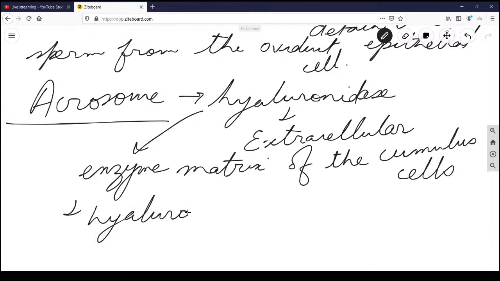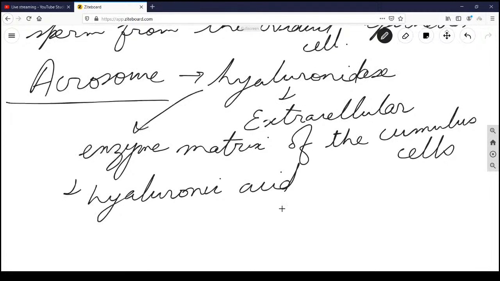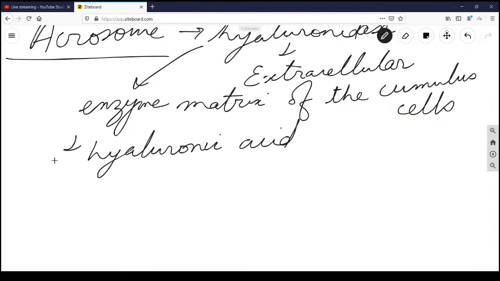So hyaluronidase will degrade hyaluronic acid, which is one of the glycosaminoglycans. Other ones are dermatan sulfate, keratan sulfate, chondroitin sulfate, and heparan sulfate.